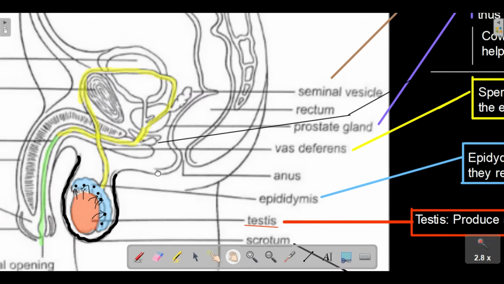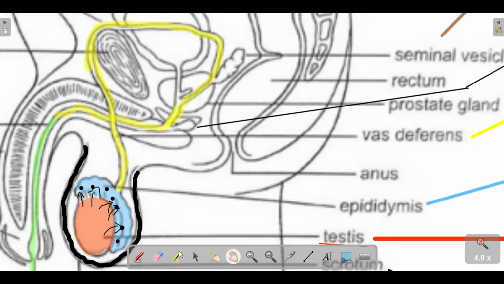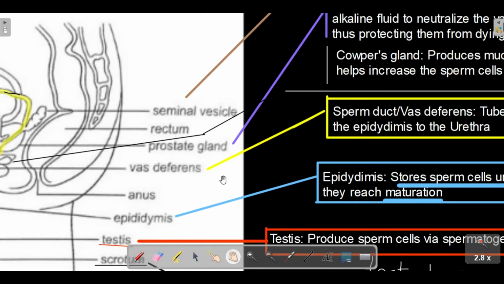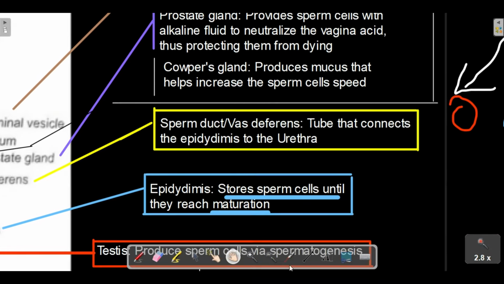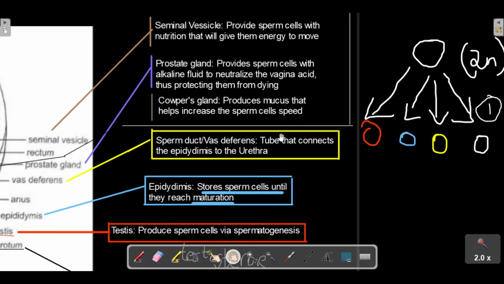So once they have reached maturation, now they can exit the epididymis via a tube here. So the yellow tube, and this is the duct which we call the sperm duct. So the sperm duct is also called the vas deferens. I don't know if I'm pronouncing that correctly, but it's really a tube that connects the epididymis to the urethra.